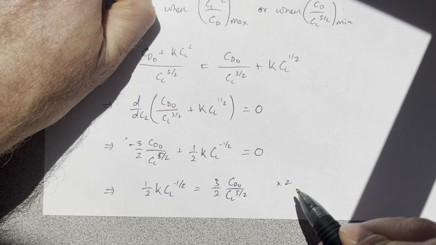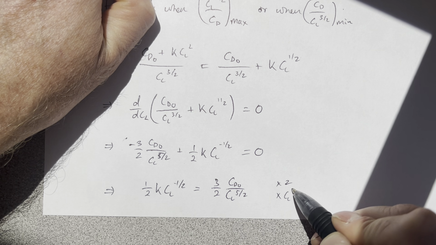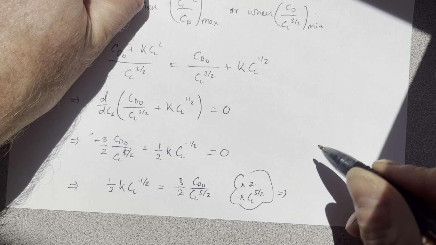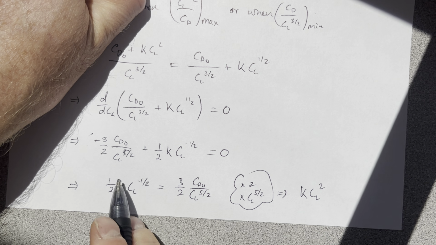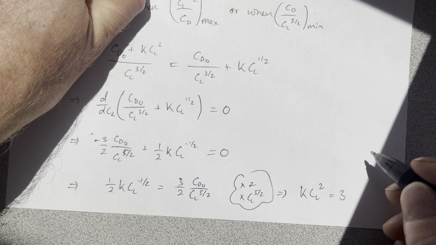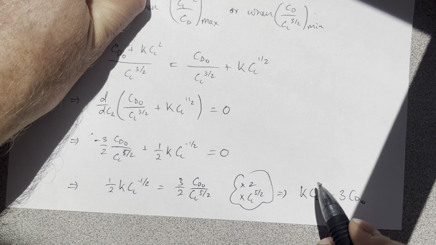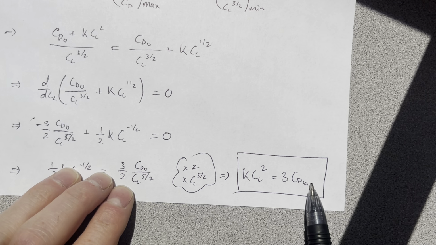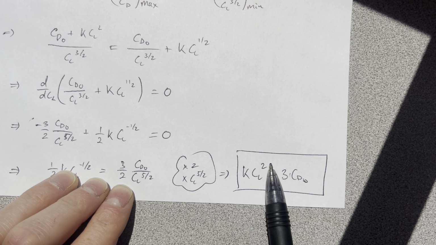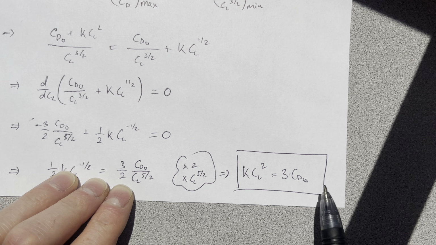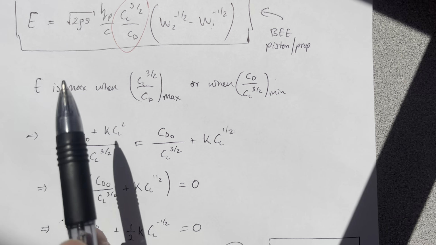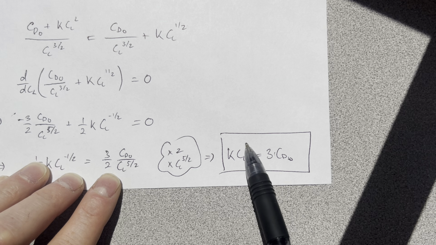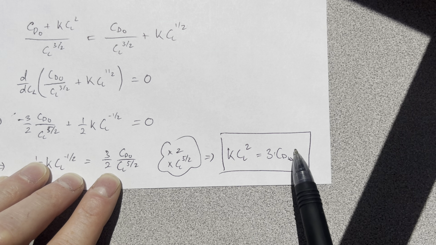Let's multiply everything by 2 and let's multiply everything by CL to the 5/2, and that will give us K CL squared on the left side and 3CD0 on the right side. So this is our parasite drag coefficient, and this is our induced drag part. So basically, to achieve maximum endurance is to attain the condition where the induced drag is 3 times larger than the parasite drag.